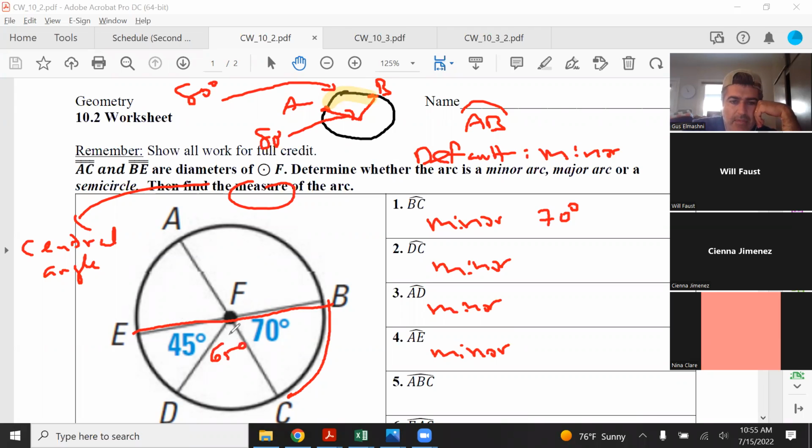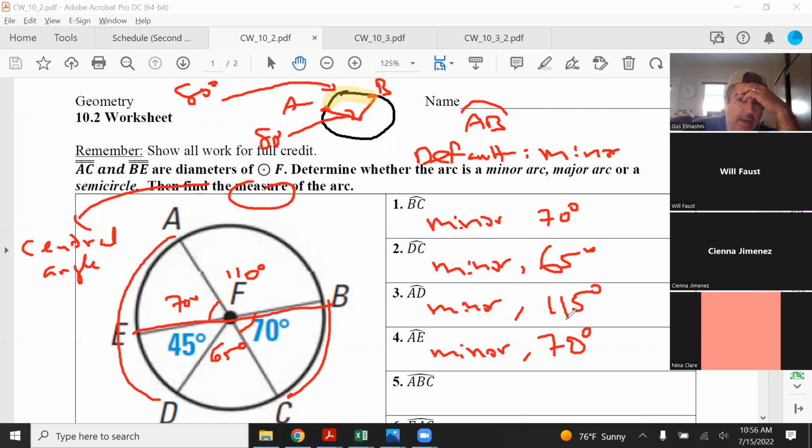That's 65 degrees. By the way, this is also 70 degrees right here, and that's 110 degrees. The reason why that's 70 is because it's vertical to that angle right there, which is labeled 70. So DC is going to be 65 degrees. AD is going to be 115. And AE is going to be 70.